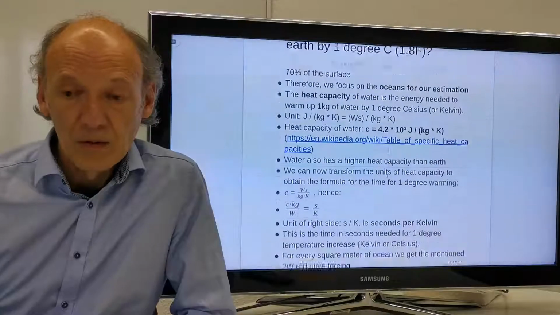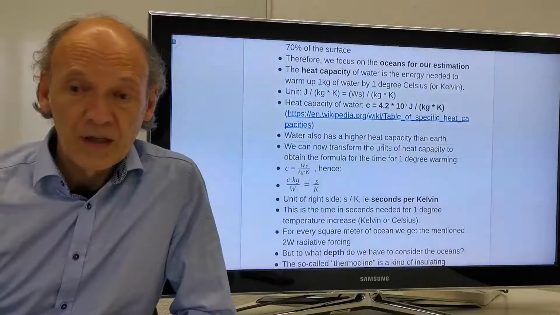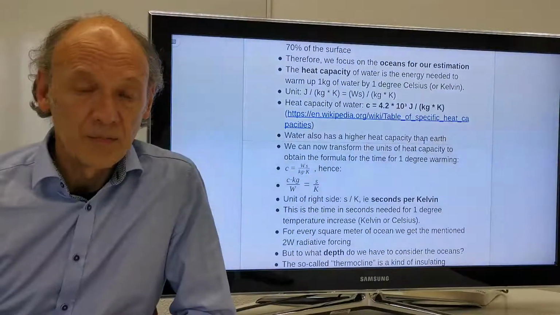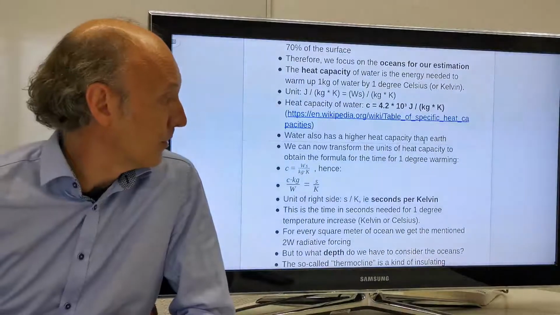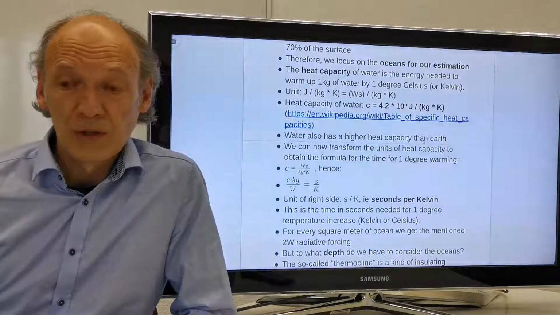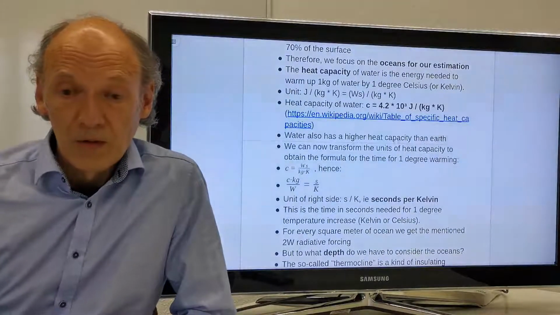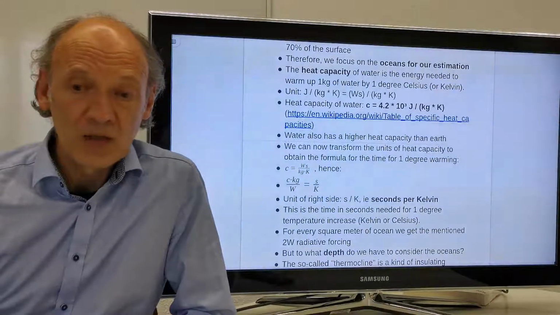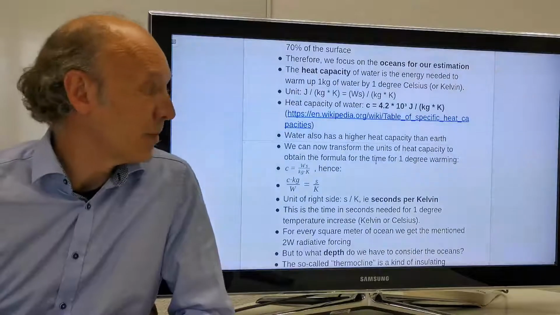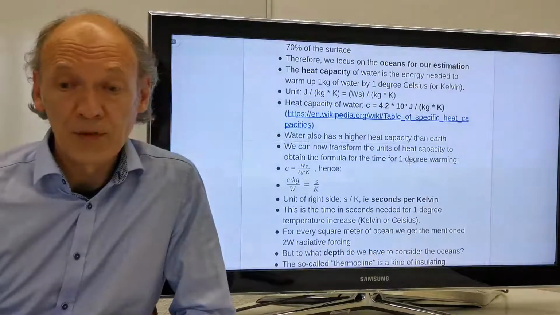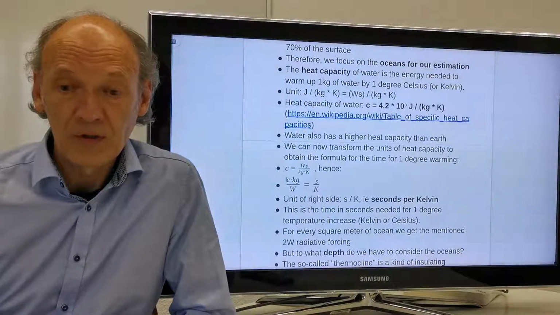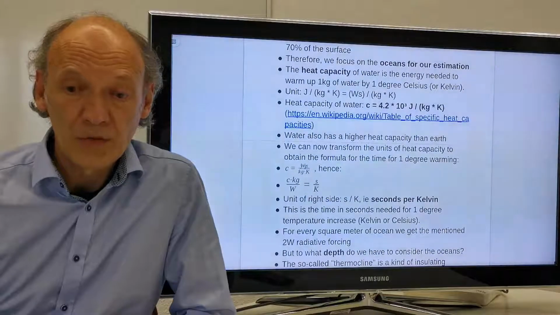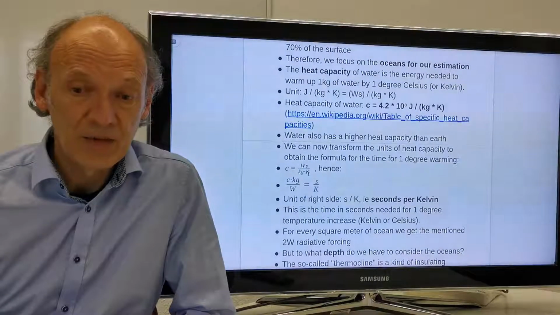Water also has a higher heat capacity than the remaining Earth surface, so that's another reason why we can concentrate on it. We can now transform the units of the heat capacity to obtain a formula for the time for 1 degree warming. We see that the heat capacity is watt-seconds per kilogram and Kelvin.